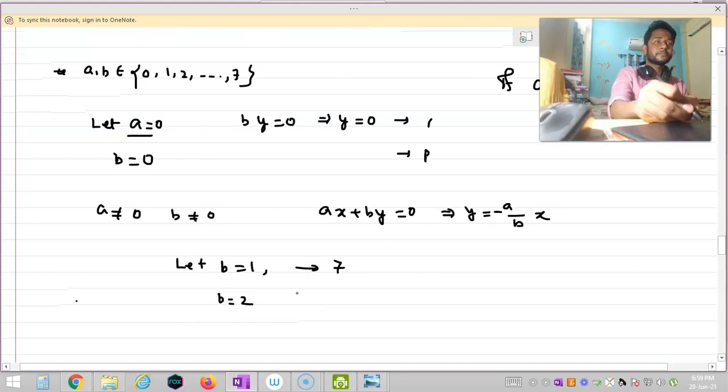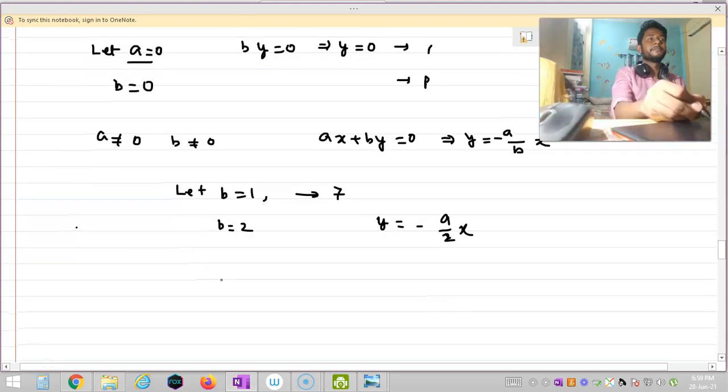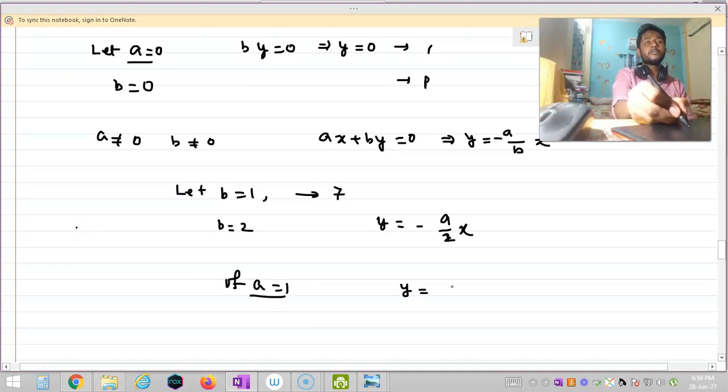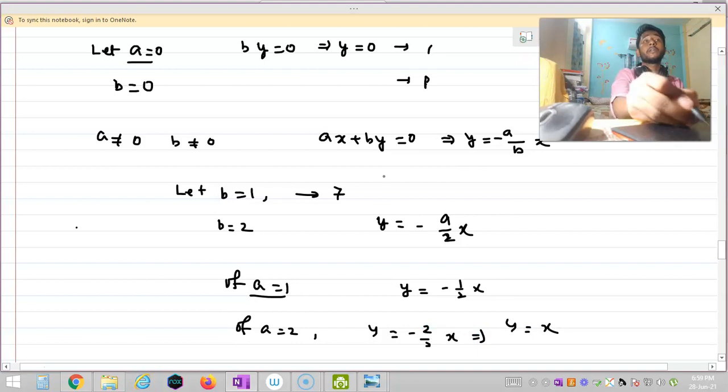Now if b equal to 2, so y equal to minus a by 2 into x. If a equal to 1, then y equal to minus 1 by 2 x, that's absolutely fine. If a equal to 2, then y equal to minus 2 by 2 x, which implies y equal to minus x, which we have already taken in the previous case.